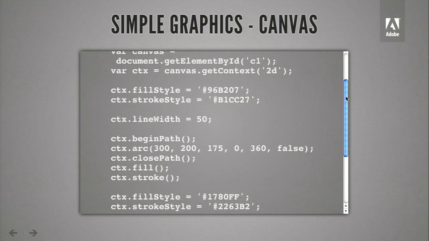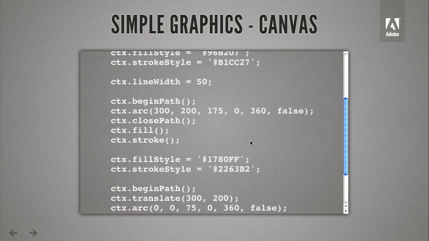And then you've got a few calls that will basically define the geometry. So we've got a beginPath. Then we draw an arc. The arc is actually the full circle, which we close. And then we have rendering commands, which are fill and stroke. So the 3 things here are attributes which control the way things get rendered.